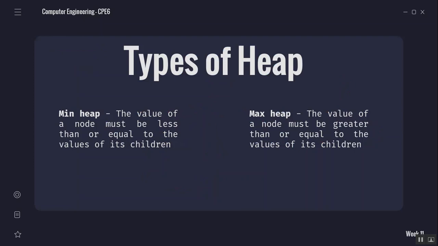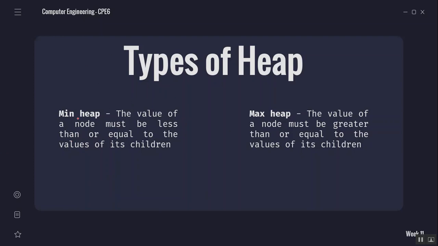So there are two types of heap. We have the min heap and max heap. In the min heap, the value of a node must be less than or equal to the values of its children. Meaning to say, class, we are dealing with the height of the tree. So the top node, or the root node, has the lowest value on a complete tree.